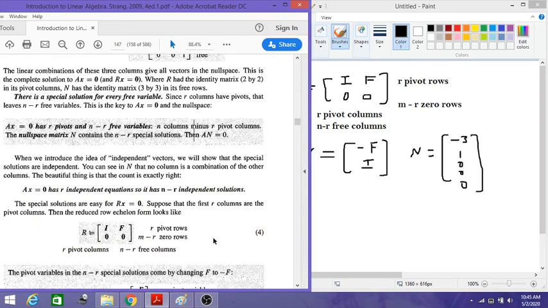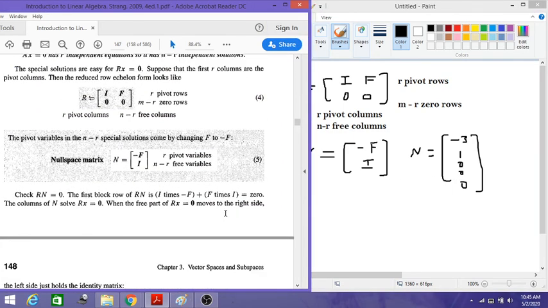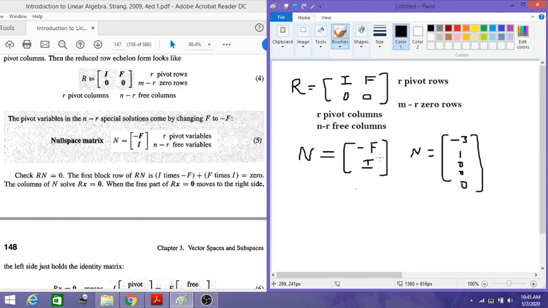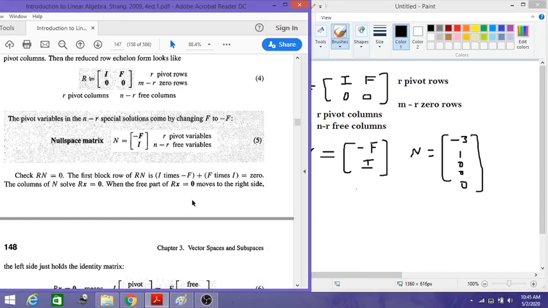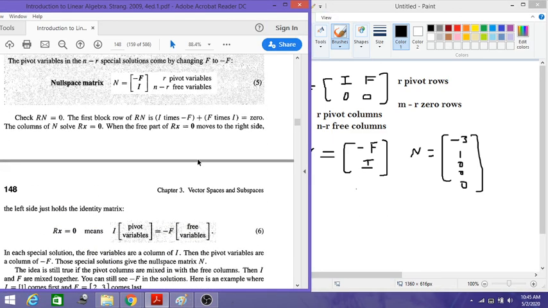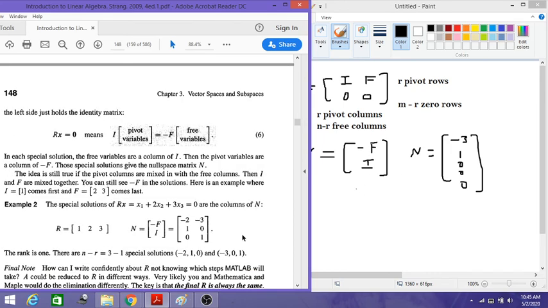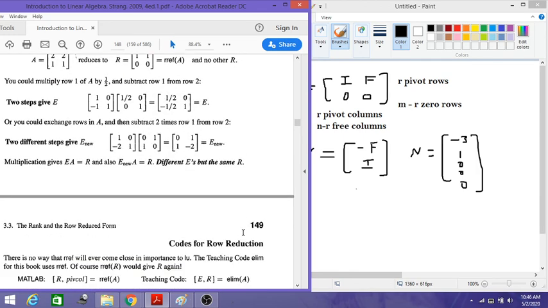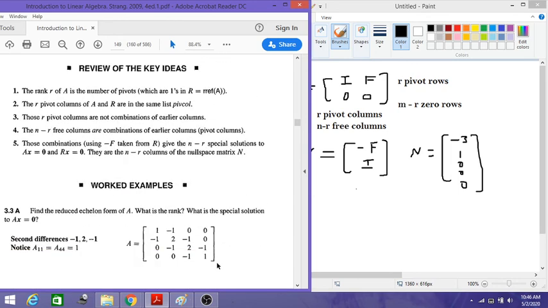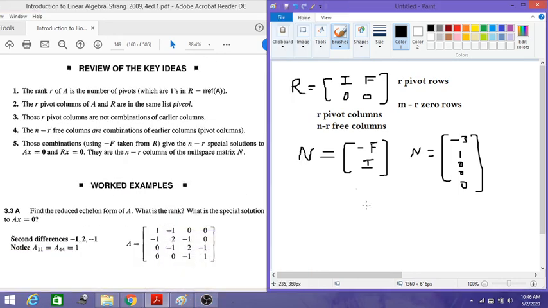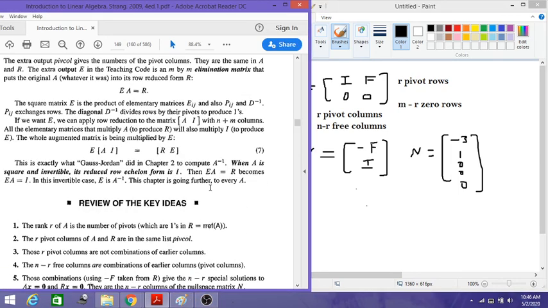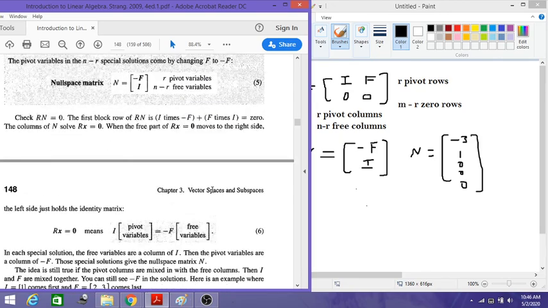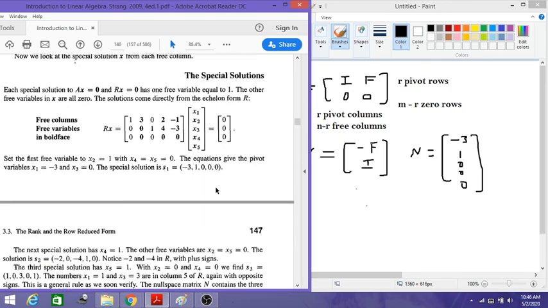Now if you write this generalized form, N is minus F with the identity matrix I. It has the identity matrix below and the free column values above. That is what it means. Okay, so this is about the solution to this, the special solutions.